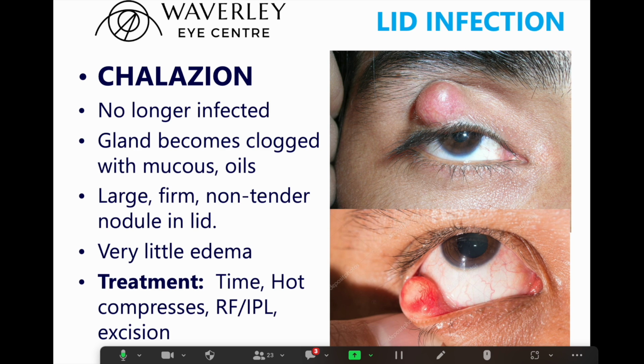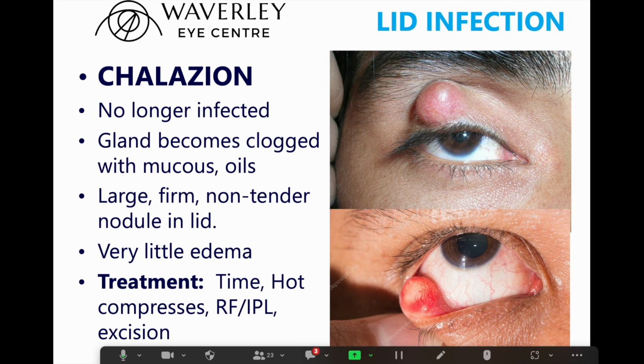Excision can help. Some optometrists are using radio frequency and intense pulsed light. If you're not familiar with these, they came to optometry from the aesthetics and dermatology world. Radio frequency is heat, and that's used for skin tightening and fine lines and wrinkles. But we will use the same technology to heat the Meibomian glands to treat eyelid disease, and it can help resolve this.